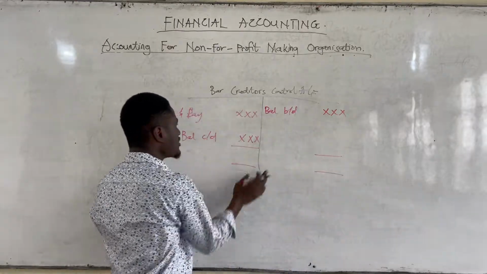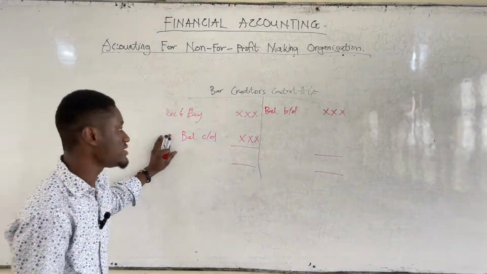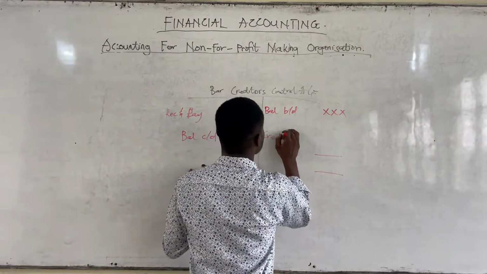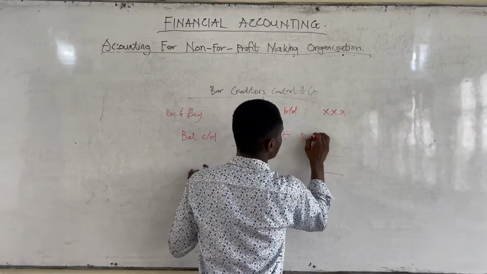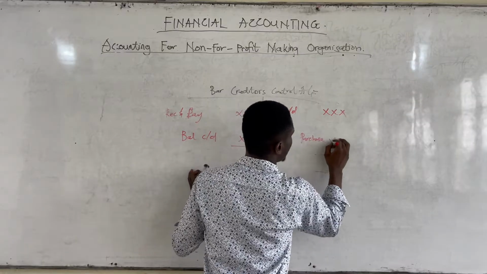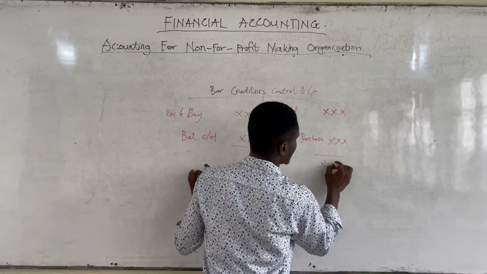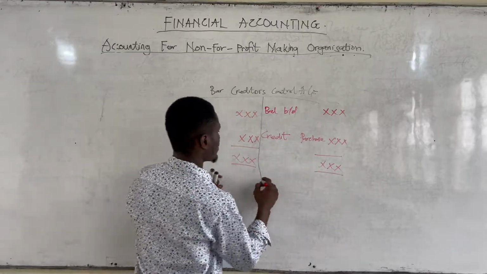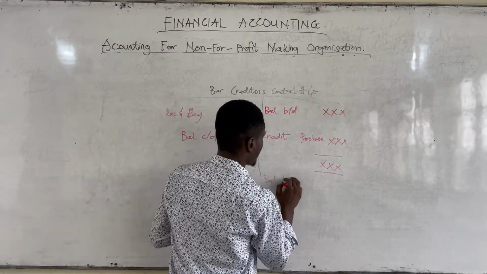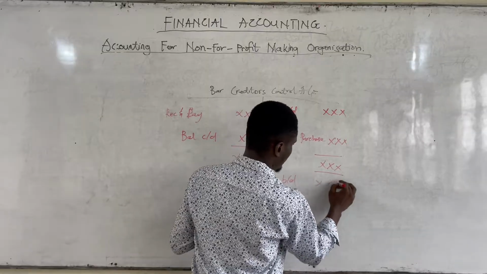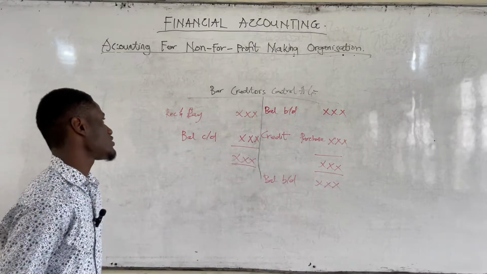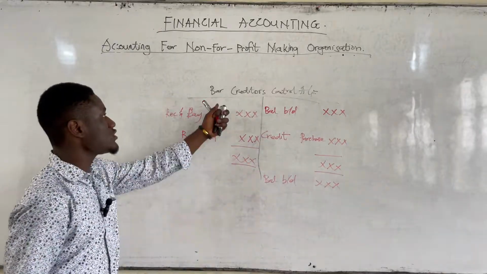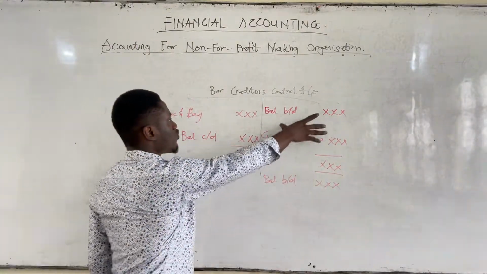The difference you get here is not going to be the balance carried down, but rather the credit purchases. Do you get it? So that amount will be here. Get our totals here, and the balance carried down will come here as balance brought down. Our balance brought down pertaining to bar creditors will come here.